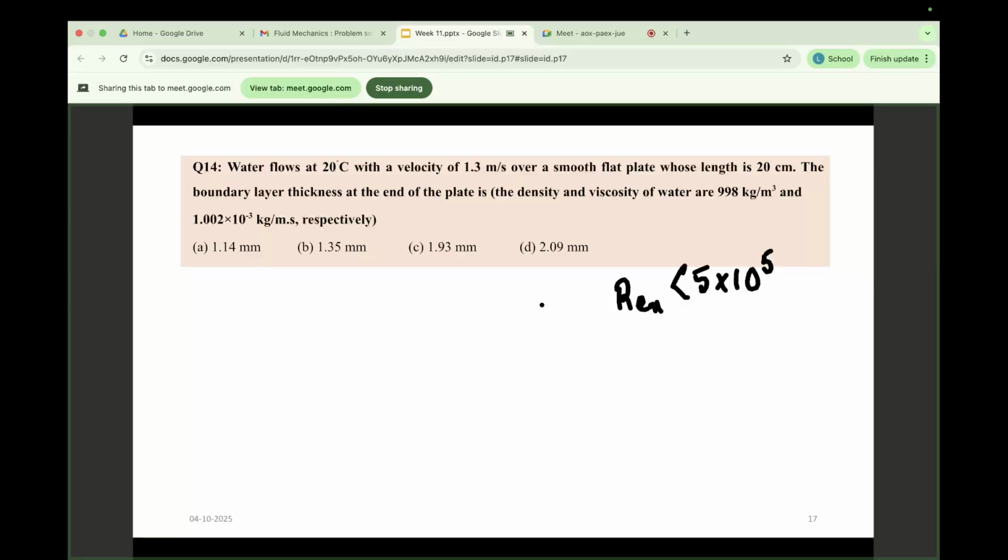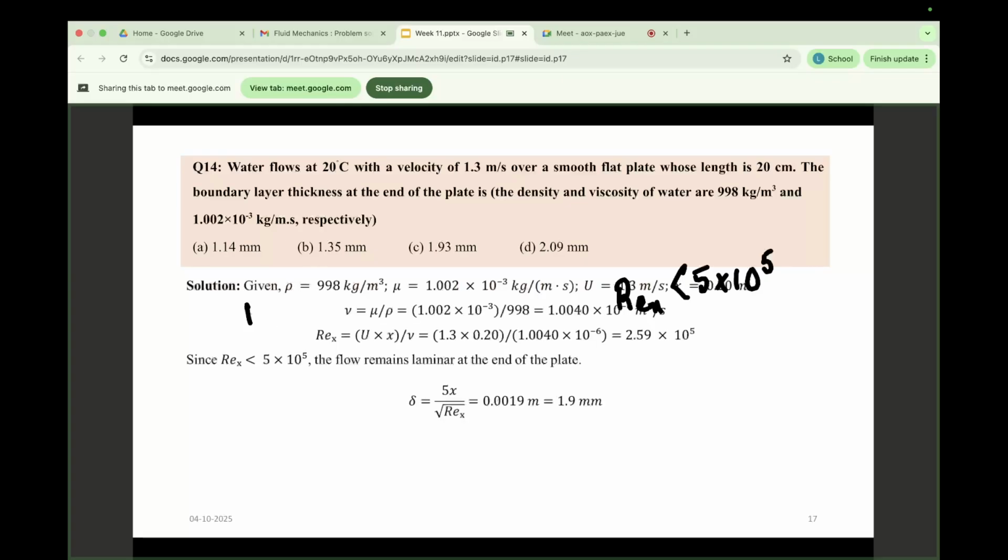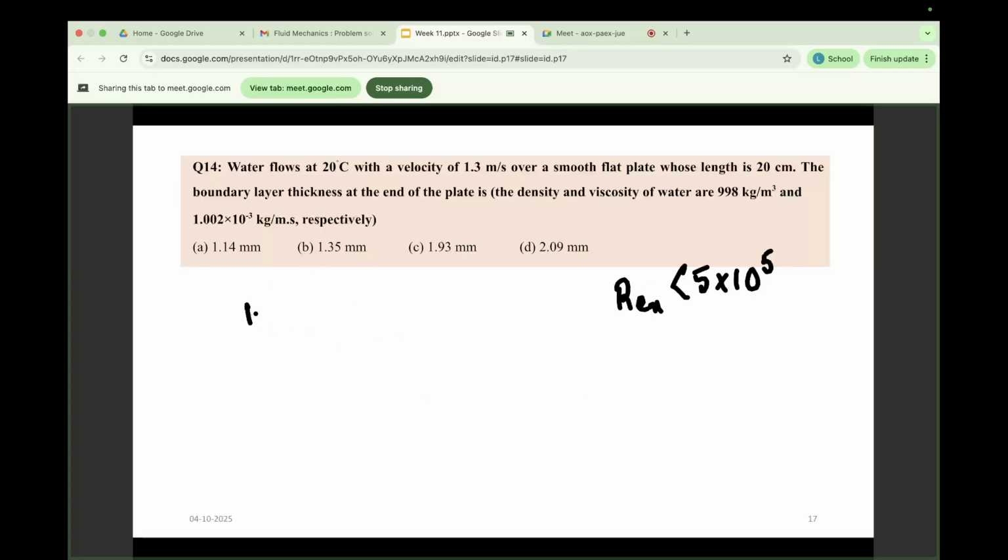So first, please try to find this Reynolds number, because everything is already given. You know the formula of the Reynolds number, Ux by nu, where nu is mu by rho. So calculate the Reynolds number. And if the Reynolds number is less than this, then you have to use this formula.